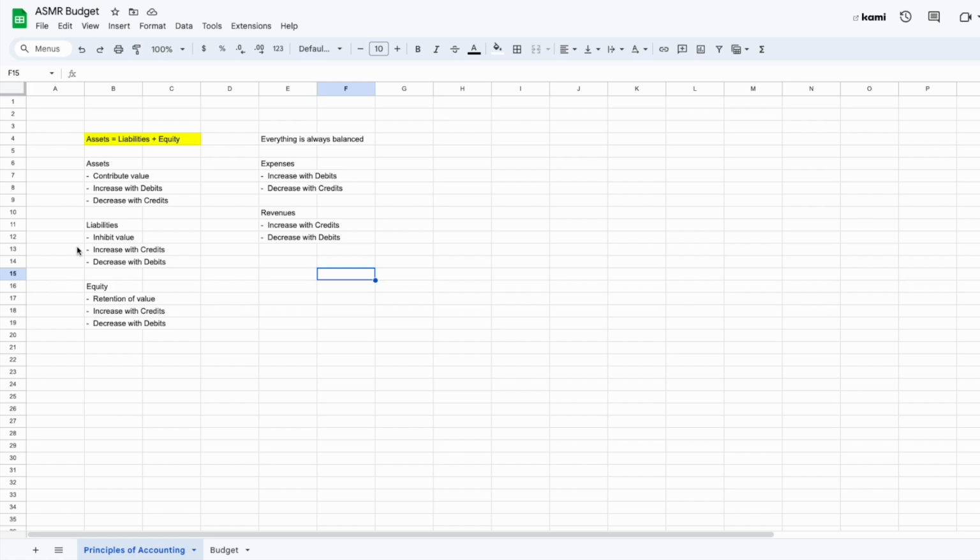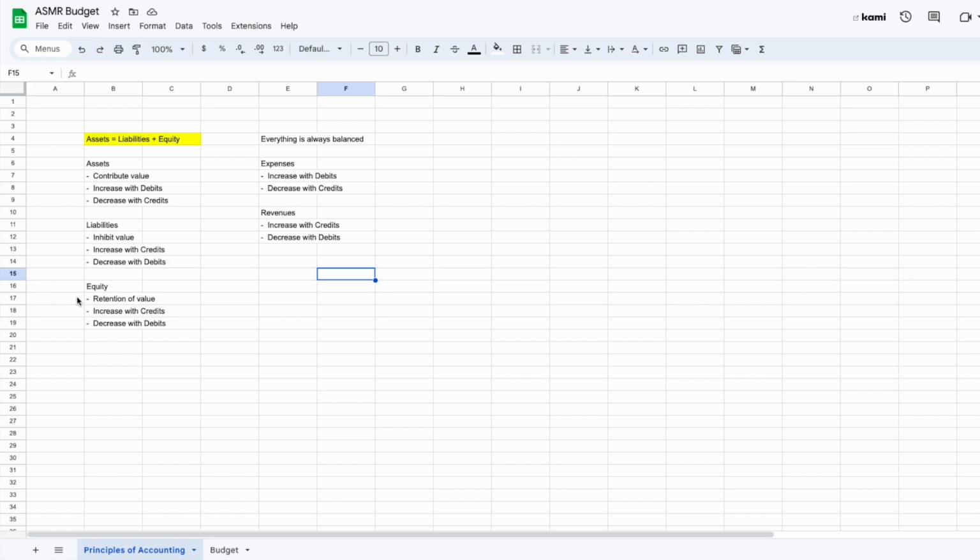Now, for our purposes, assets and liabilities are all that we'll need to know about when making our budget, but for clarity, we'll talk about equity as well. You can think of equity as a retention of value. For example, if you own a house, and you have a mortgage, as you pay your mortgage, the bank owns less and less of your house.